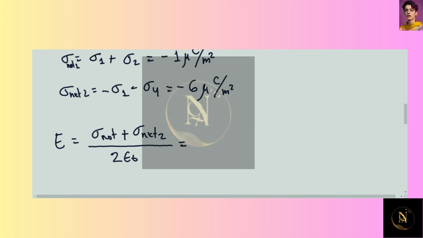So we will have that this is 7 microcoulombs per meter squared over 2 times 8.85 times 10 to the minus 12 farads per meter.